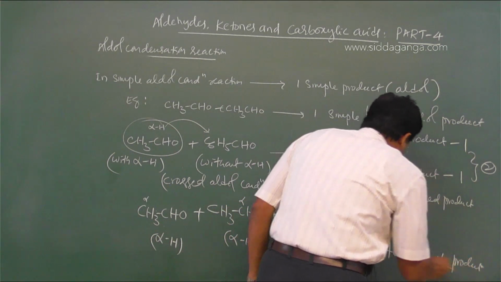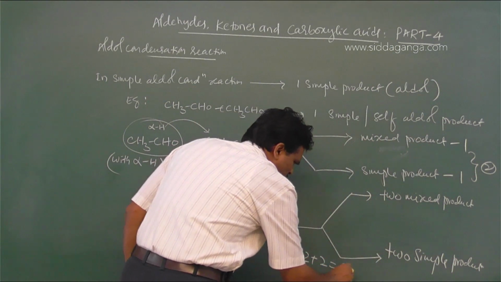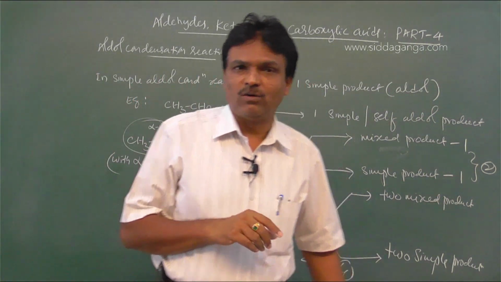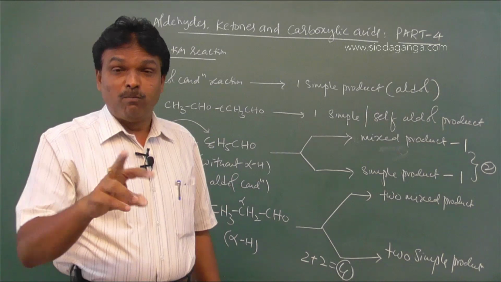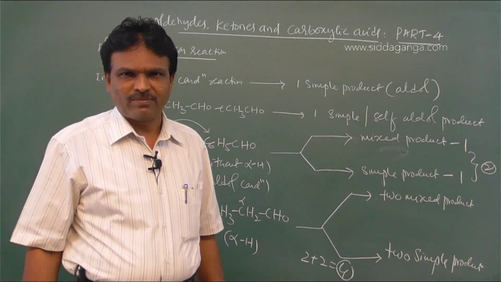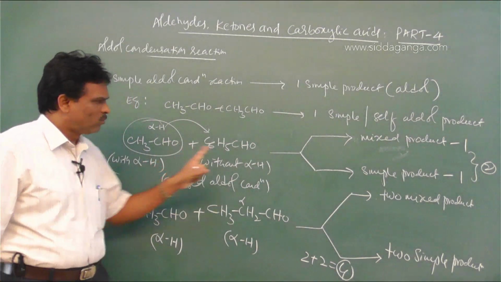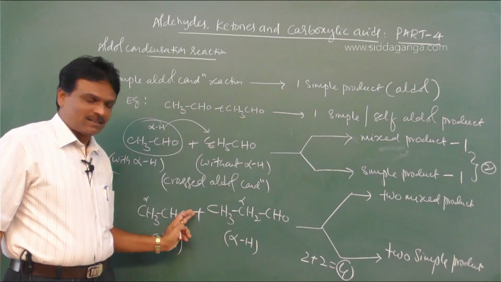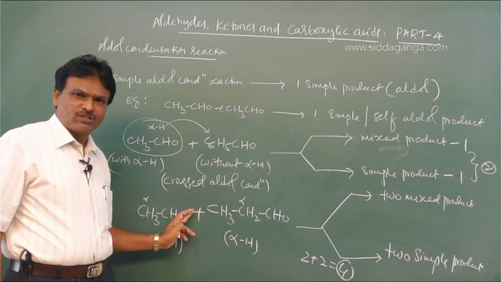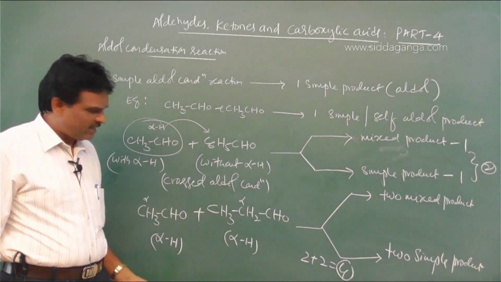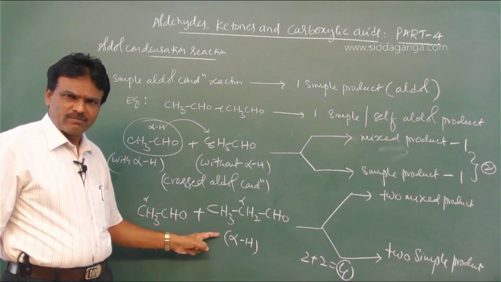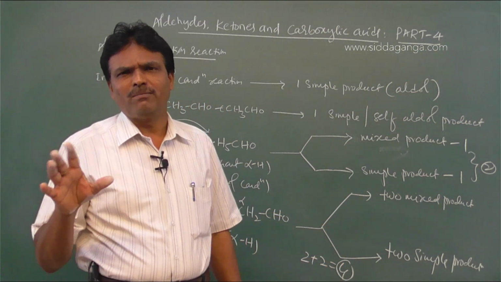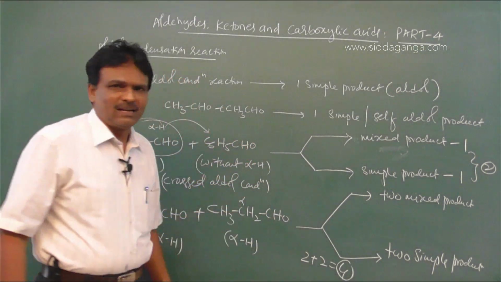So total 2 plus 2, 4 products are possible in cross-aldol condensation between two different aldehydes, both containing alpha hydrogen. If only one aldehyde contains alpha hydrogen, we get only two products, one mixed and one simple. If both contain alpha hydrogen, we get four products, two simple and two mixed. So this is about aldol condensation reaction.